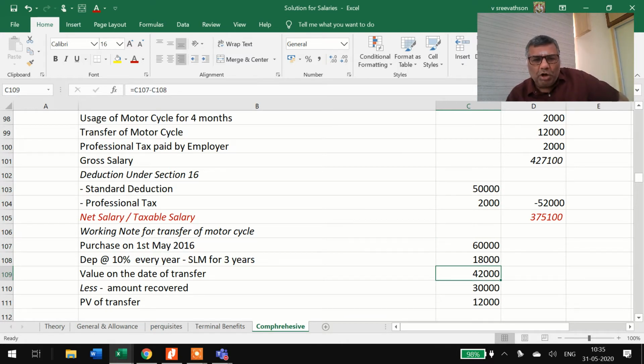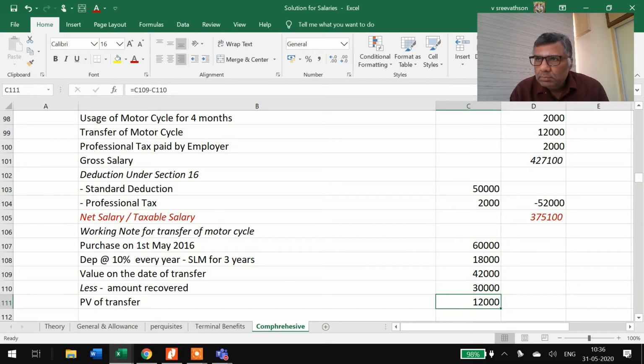So the value on the date of transfer is 42,000, less amount recovered 30,000, so that the value of transfer becomes 12,000.